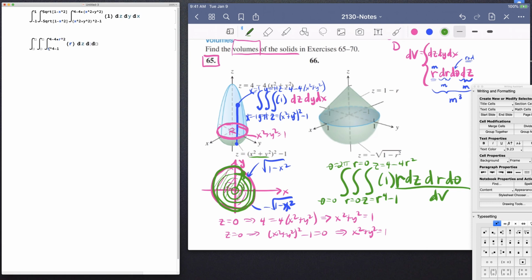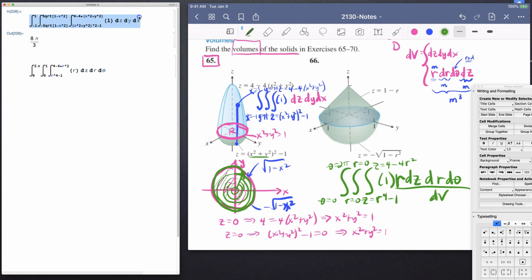We could then go to the r integral and then the theta integral. R goes from 0 to 1 because we've sketched the region of integration in the xy plane, and theta goes from 0 to 2 pi.